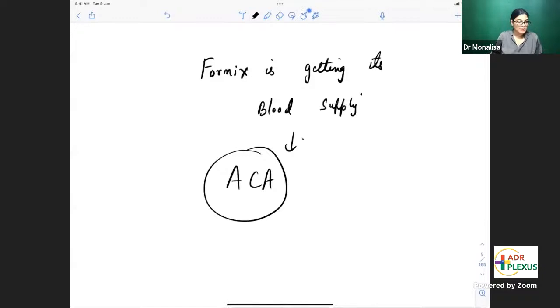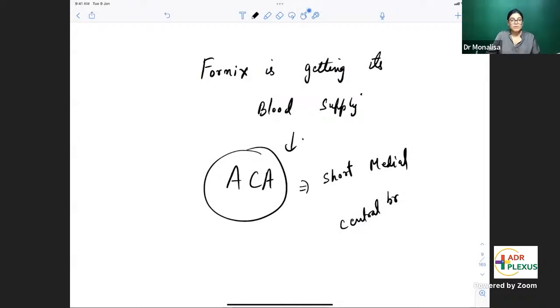Anterior cerebral artery. And to be more specific, which part? That is the short medial central branches. So write down short medial central branches of anterior cerebral artery.